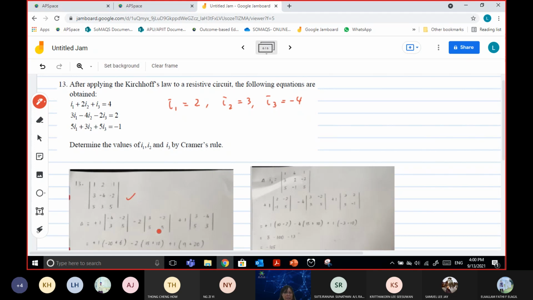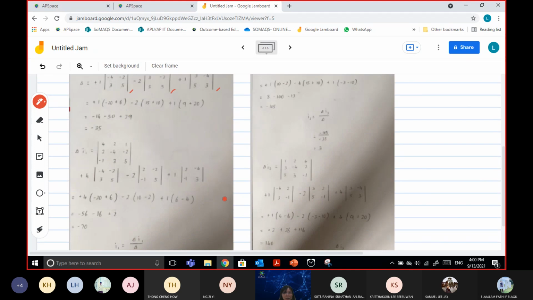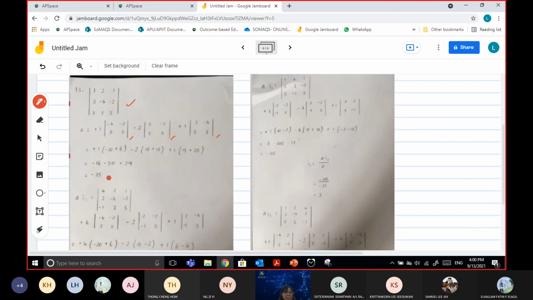Correct. Then you find the determinant. This one is correct. Then -2, then 3, 5, -2, 5, correct. Then 1, then 3, -4, 5, and 3. Correct.